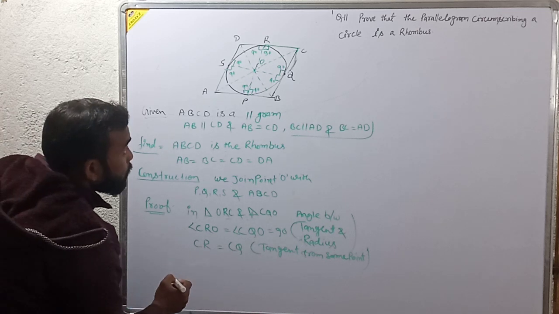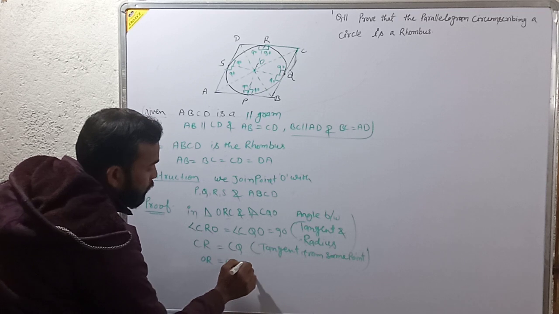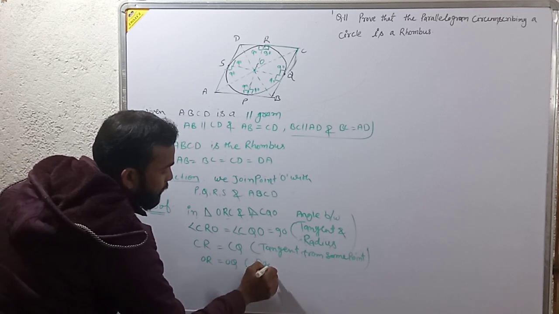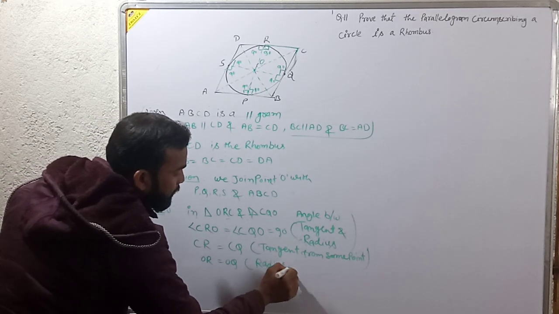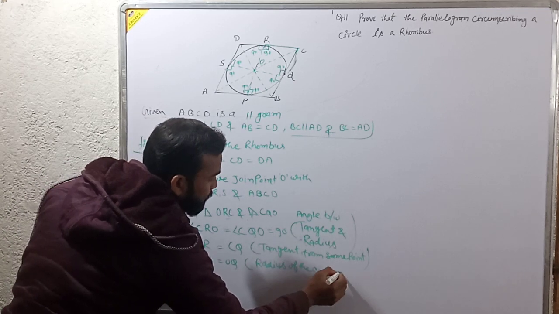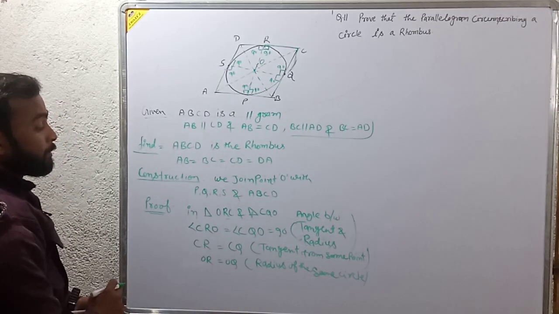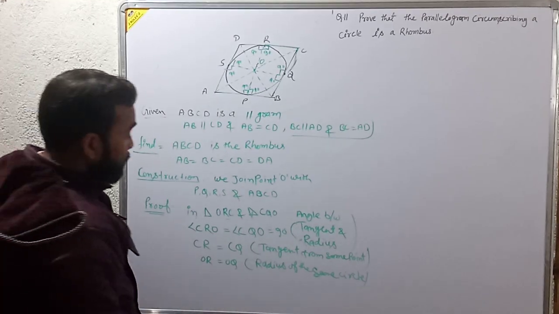And OR equals OQ, radii of the same circle. Clear?